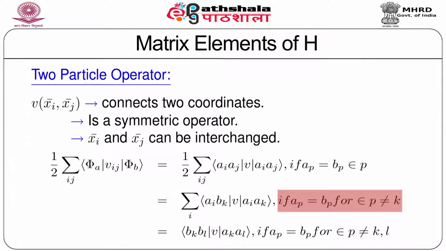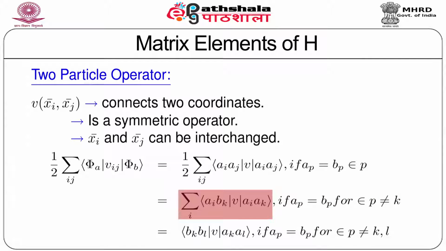If AP is equal to BP for all P except K, then the matrix element is given by summation over i of AI BK V AI AK. Note the factor half is missing here because the label K can be for the A's as well as for the B's.